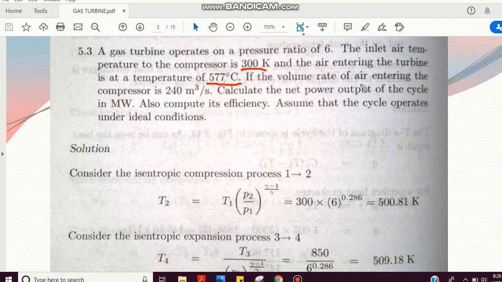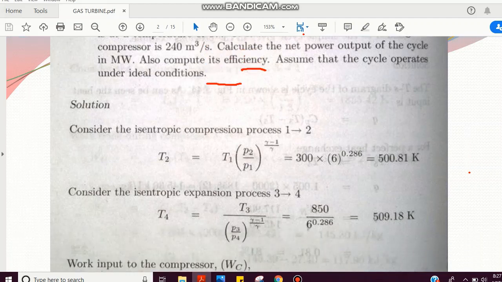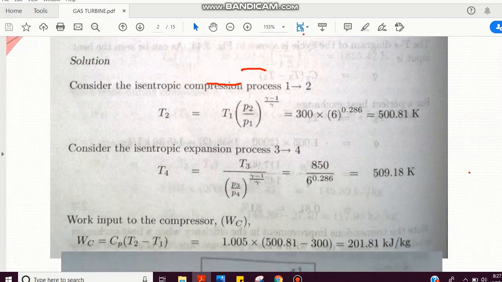If the volume of air entering the compressor is 240 meter cube per second, calculate the power output of the cycle in megawatt. Also compute its efficiency. Assume that the cycle operates under ideal conditions. Okay, so let's start.